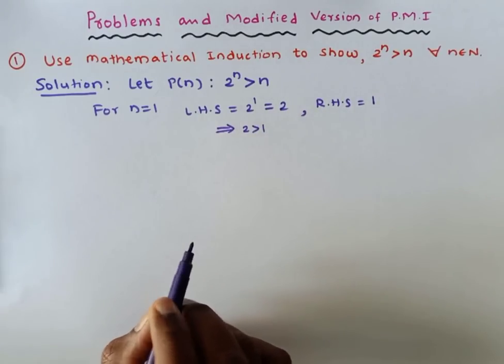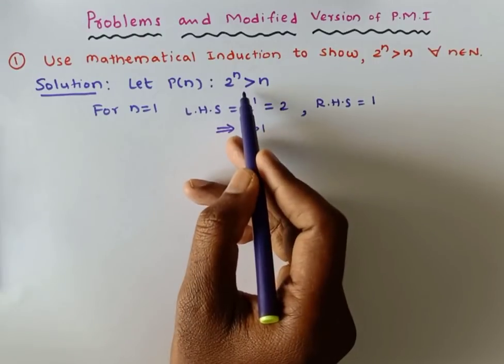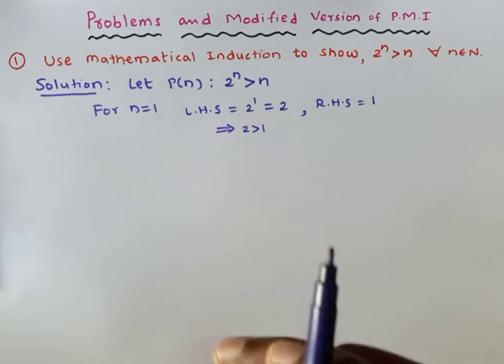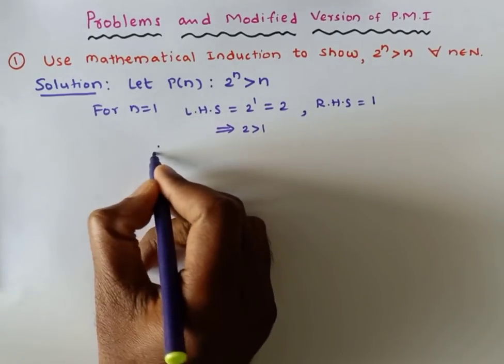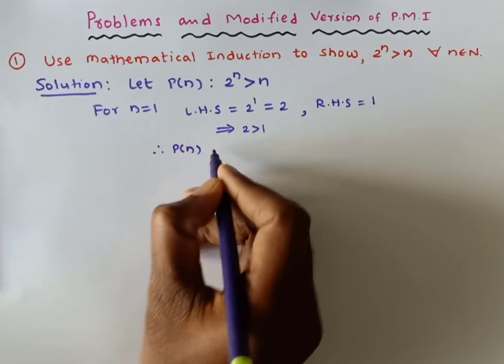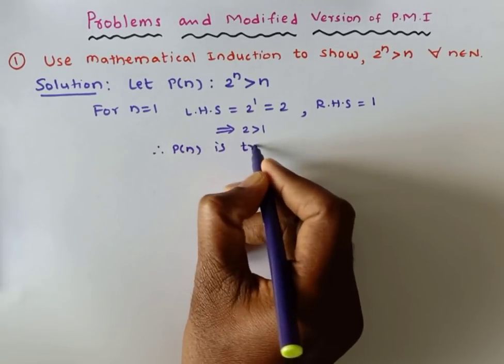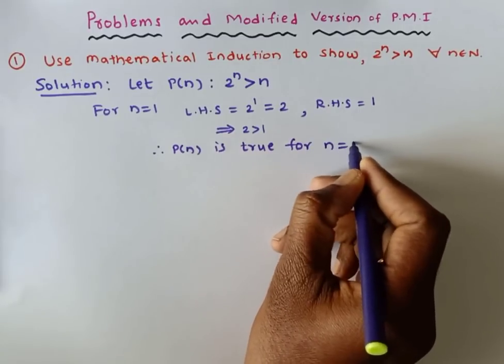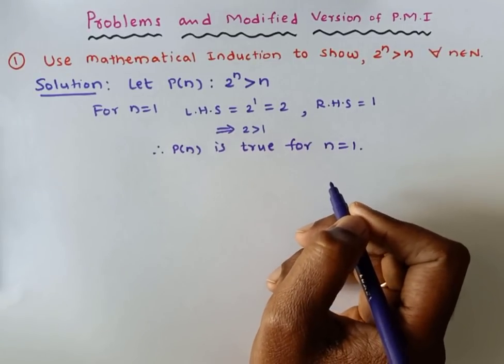Therefore the statement is satisfied at n equals to 1. Therefore we can express it as p of n is true for n equals to 1, right?